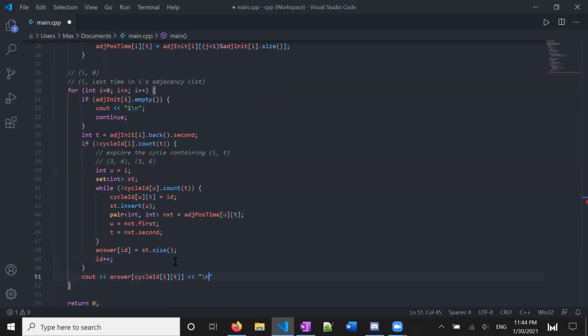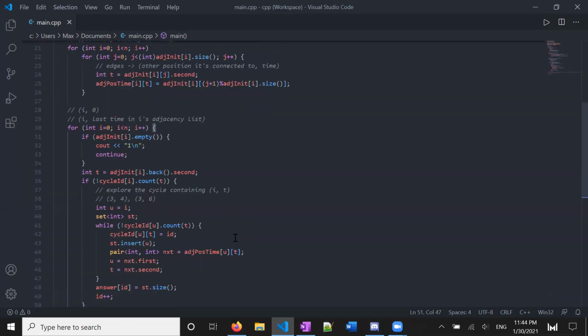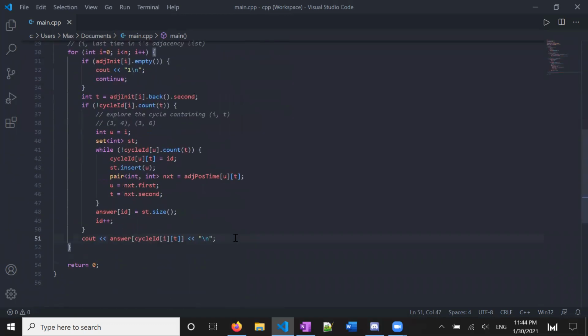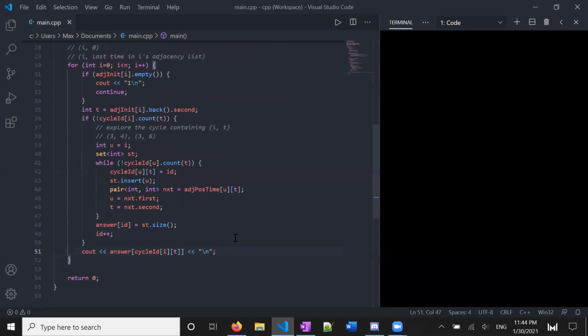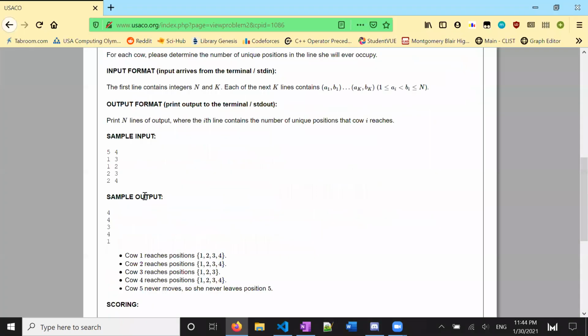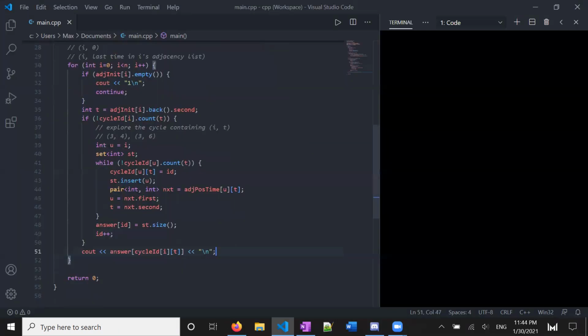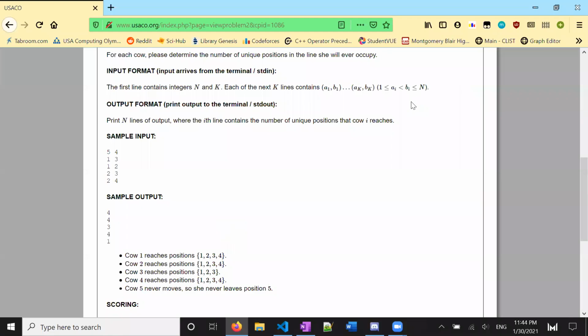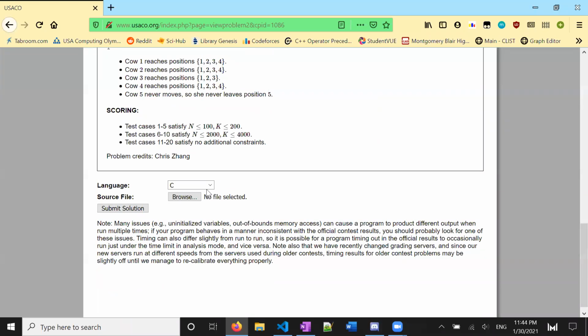Okay, that was very complicated, but hopefully this works. 4, 4, 3, 4, 1. That is correct. Let's see how many points we can get.